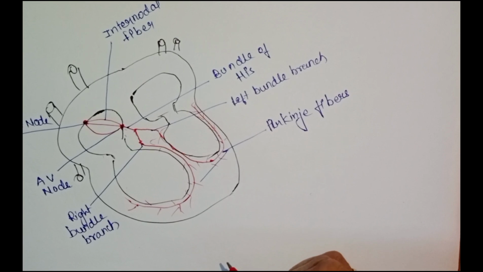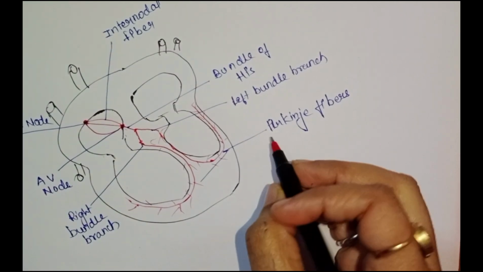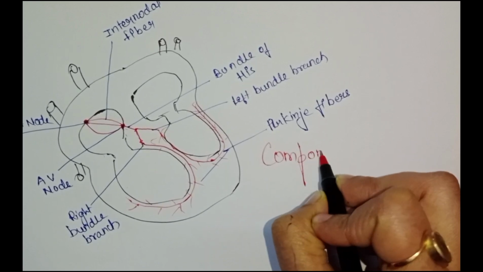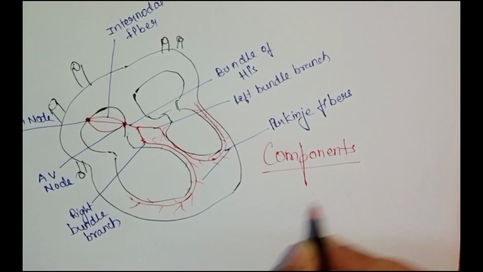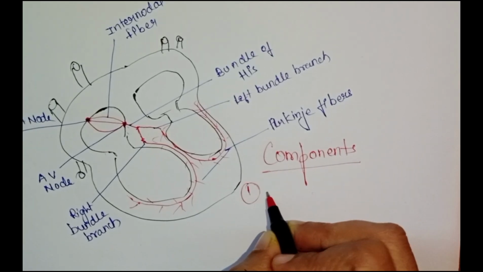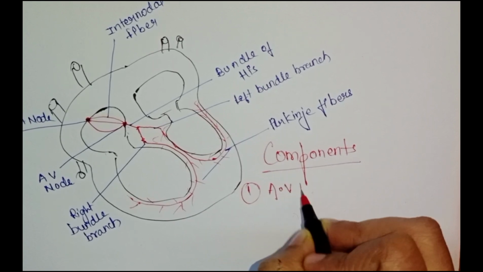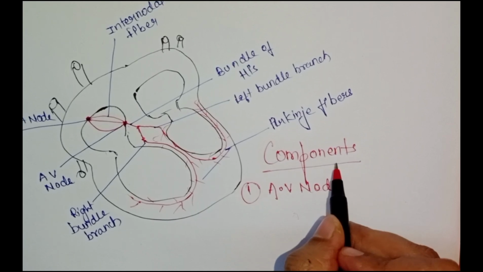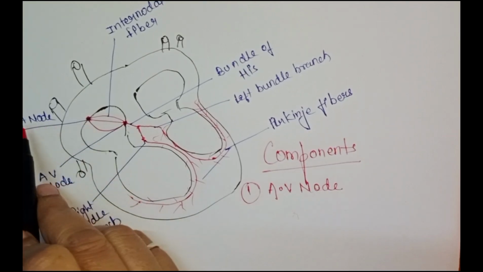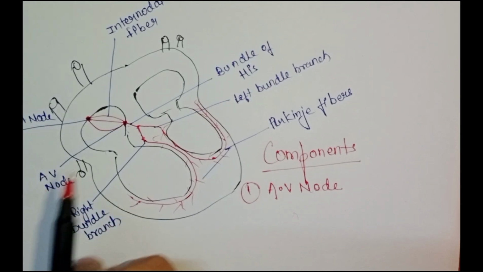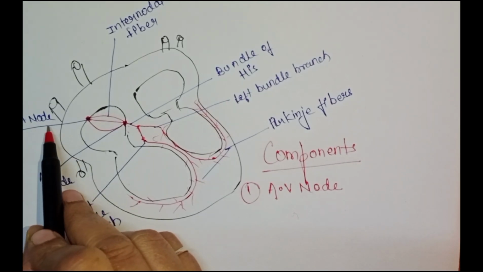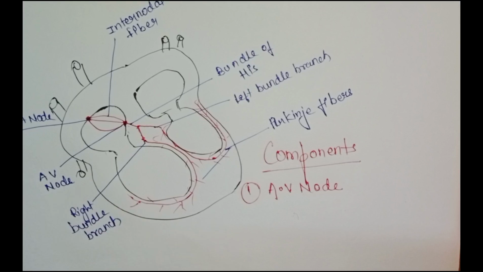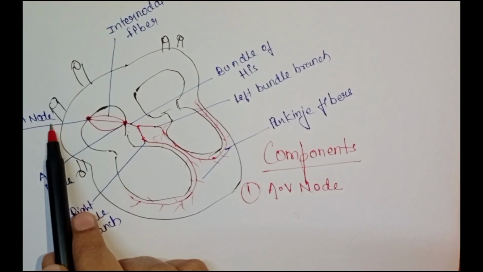So now, what are the components of the conducting system of the human heart? First is the AV node. Remember that in the components of conducting system of human heart, you are not going to consider SA node, because SA node is a pacemaker, not the conductive system. I have said earlier that it does not constitute the contractile tissue.